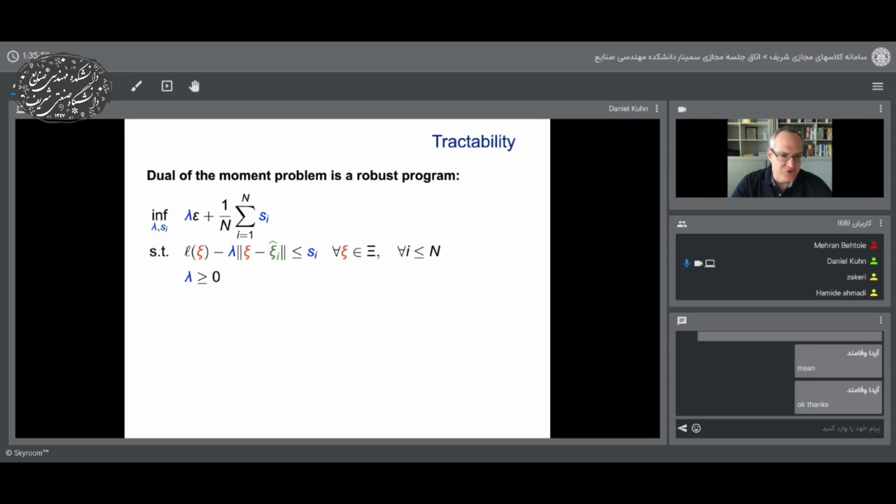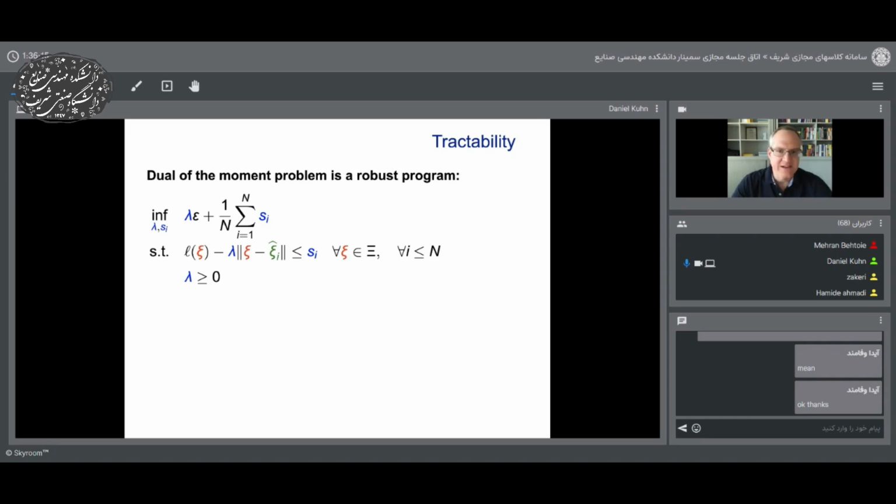Now, this dual problem actually has infinitely many constraints, because for every realization Xi in the uncertainty set, the support set capital Xi, we have a convex constraint, which involves the loss function and the norm distance between Xi and Xi hat i.